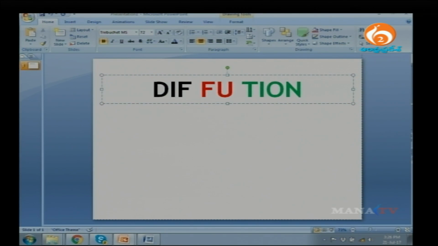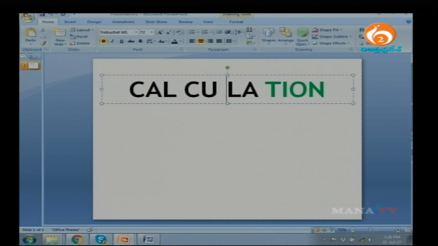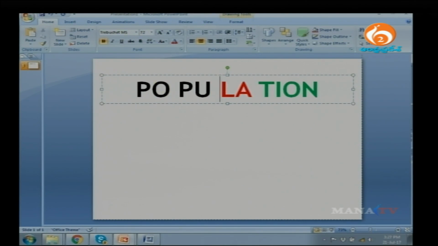Next one is TION. Calculation. So my LA, lay, will take the stress. Calculation. It's not calculation, it's calculation. For example, population.